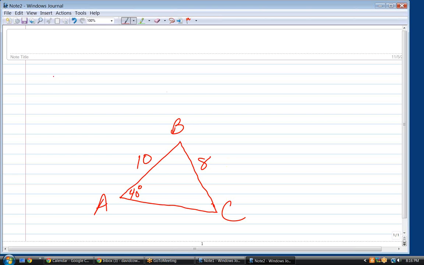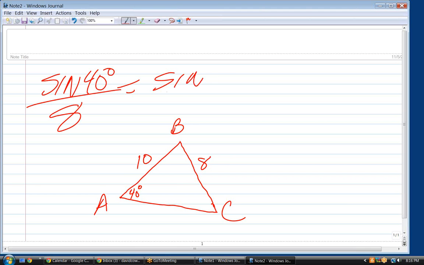Mm-hmm. I can say the sine of 40 degrees divided by 8 equals the sine of C divided by 10, which allows me to solve for that angle C. But guess what? There might be two solutions.